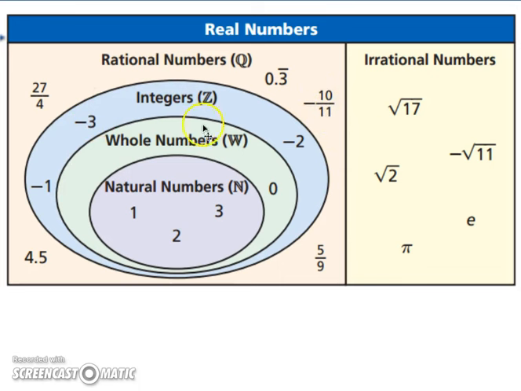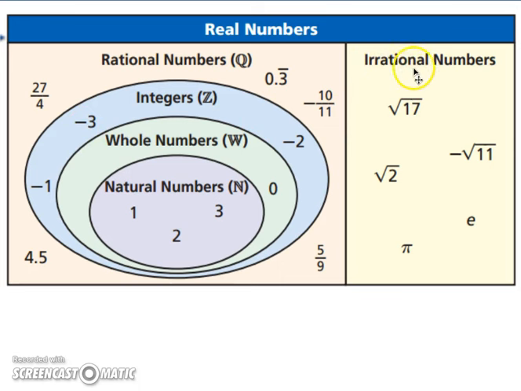So 10/11ths isn't a whole number or a natural number. So therefore, it's a rational number, even though you have that negative sign in front of it. But once again, all whole numbers, all natural numbers, and all integers can be rational numbers, because can you make 1 into a fraction? Well, yeah, 1 over 1. How about -3? Well, yeah, -3 over 1.